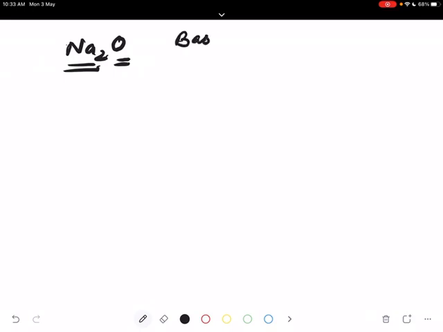Next, we'll be learning reaction of acids with metallic oxide. Metallic oxide, for example, Na2O. Metallic oxides are basic in nature. And non-metallic oxides, for example, carbon dioxide, they are acidic in nature.